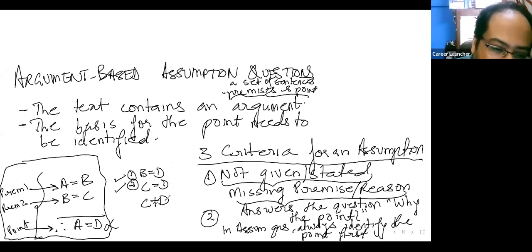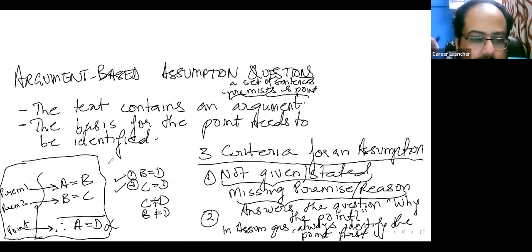Because if C is not equal to D, then I cannot say that A is equal to D. Or if I say that B is not equal to D, again I cannot say that A is equal to D. This is what I mean: if you contradict the assumption, the point becomes invalid.